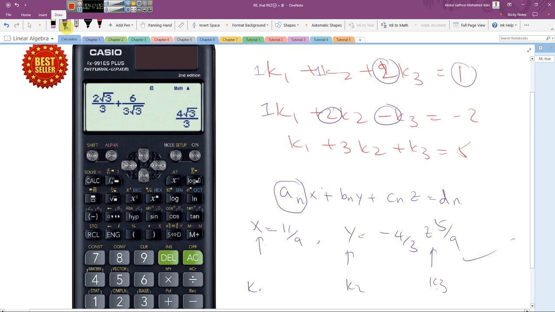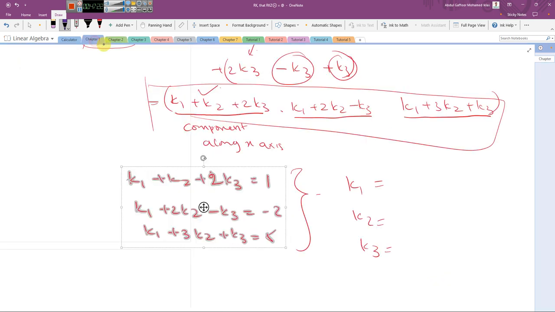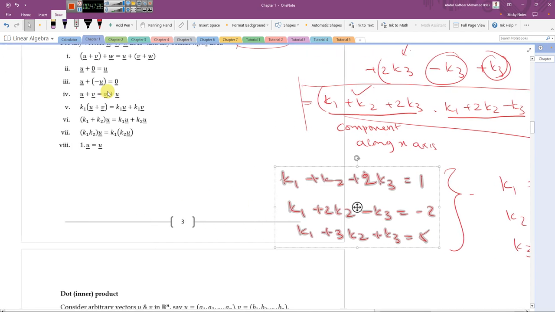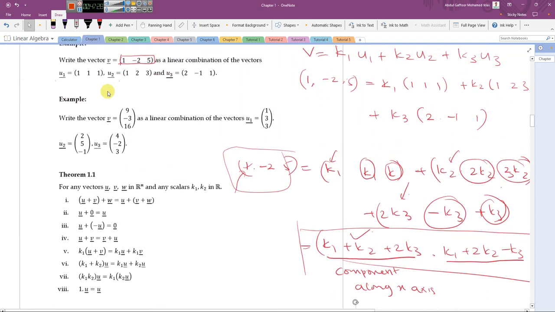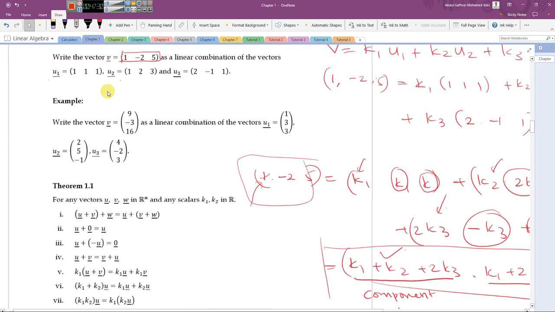I think I made a mistake while constructing or finding this equation. Anyhow, I hope you have understood how to do it, and in the second question you will understand clearly how we have to do this. Now we will move to the second question.